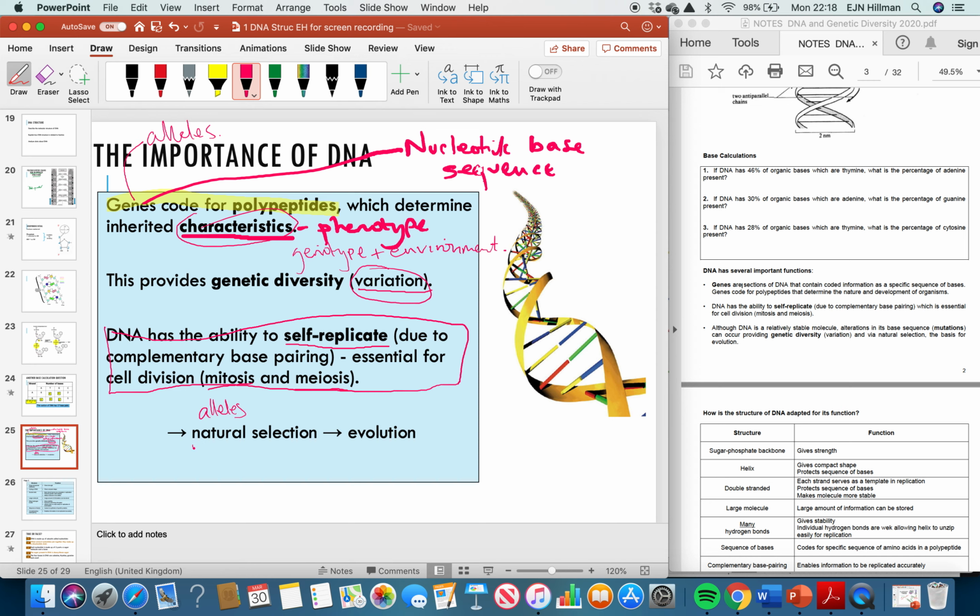That's this idea, the concept of natural selection. So one of those fundamental, if not the fundamental concept in biology. So natural selection leads to speciation and evolution over many generations, over a longer time period.